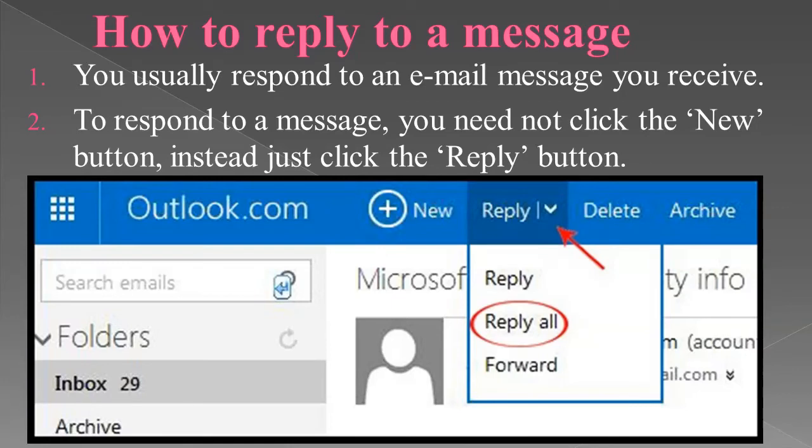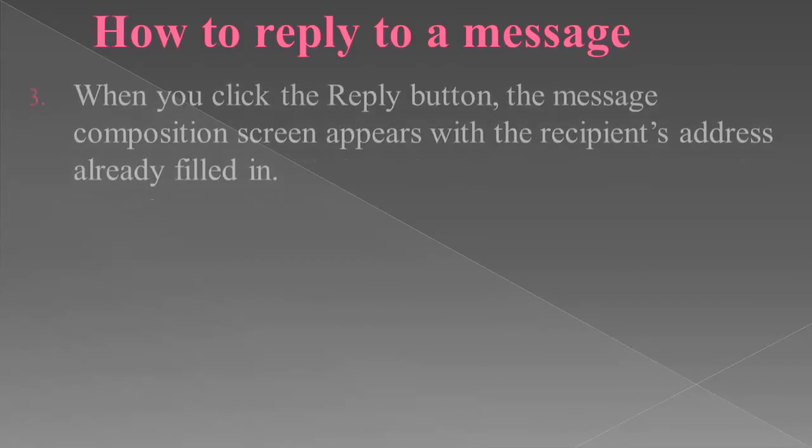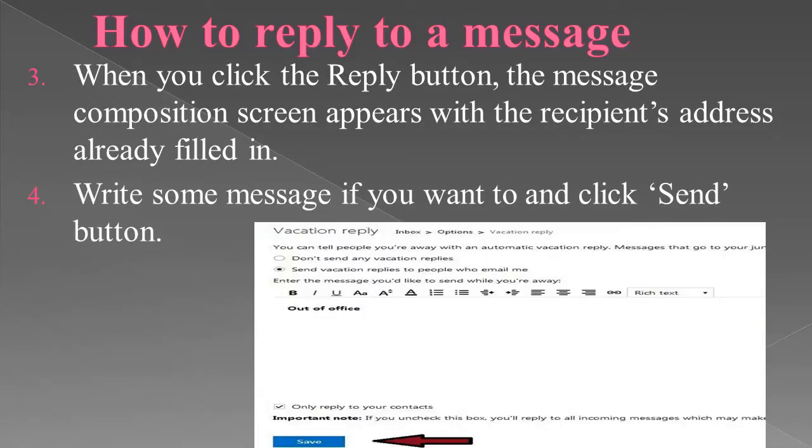When you click the reply button, the message composition screen appears with the recipient address already filled in. Then you follow step number 4. Write some message if you want to and click send button.